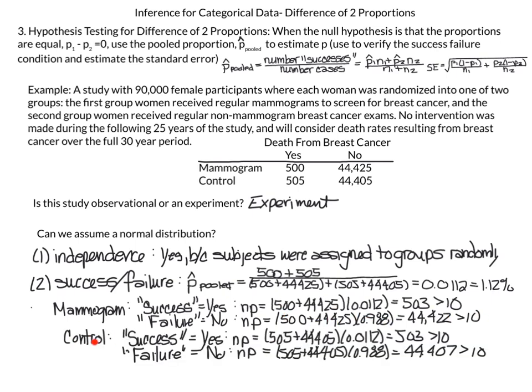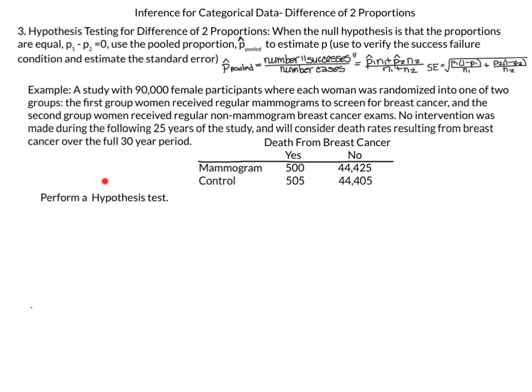Now looking at our control group, our successes, we definitely have over 10, and our failures, we definitely have over 10. Our conditions for normal distribution, independence and success-failure, are both met, so we can assume that the P hats follow a normal sampling distribution. Moving on to our hypothesis test, we need to define our null and alternative hypothesis.